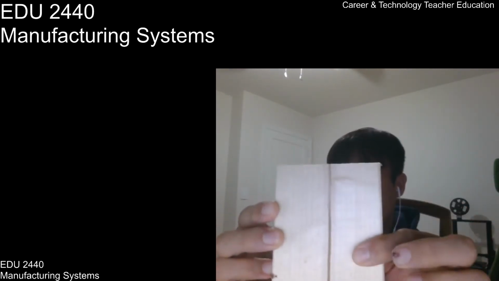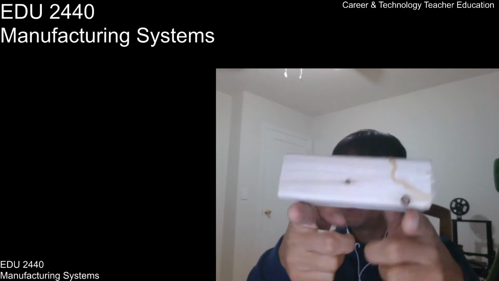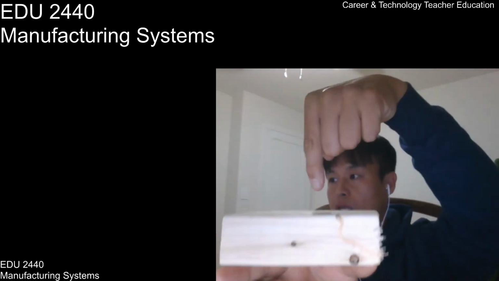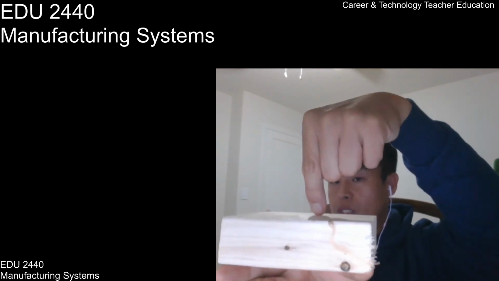But which direction is stronger than the other direction, right? For example, if you want to make a wood structure, and let's say putting a load here, this way or this way, which direction is stronger?